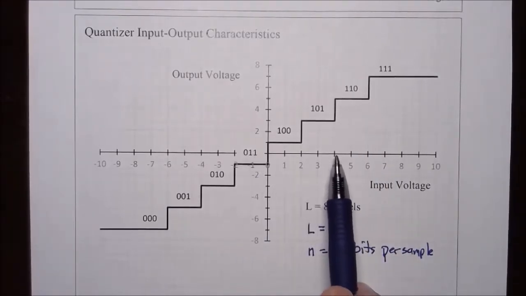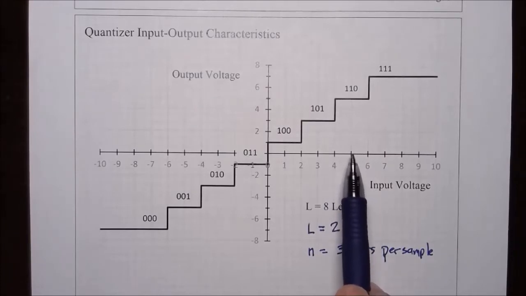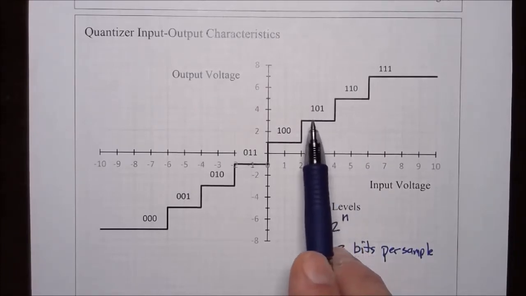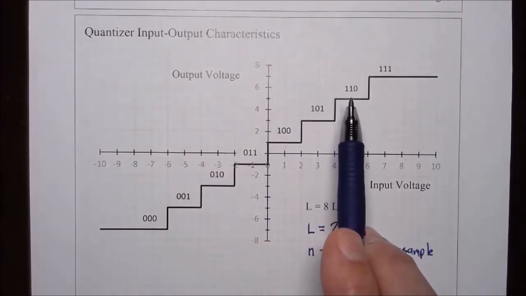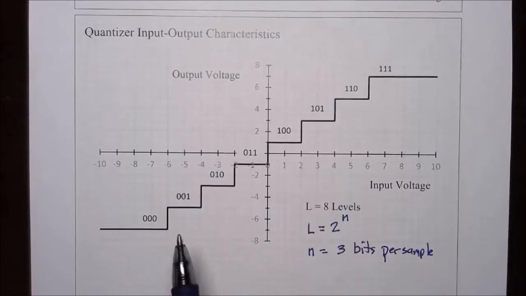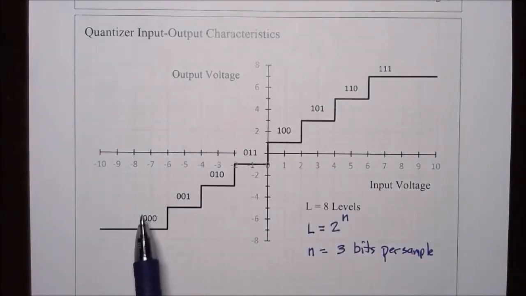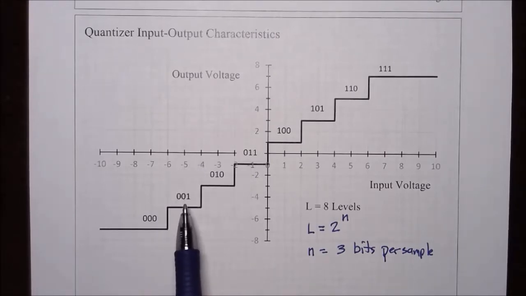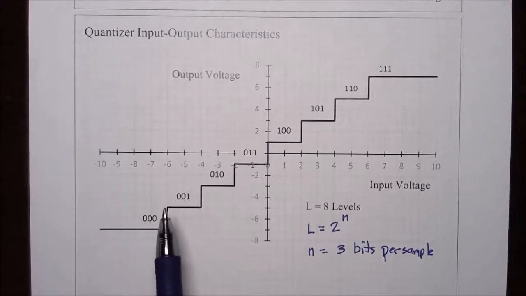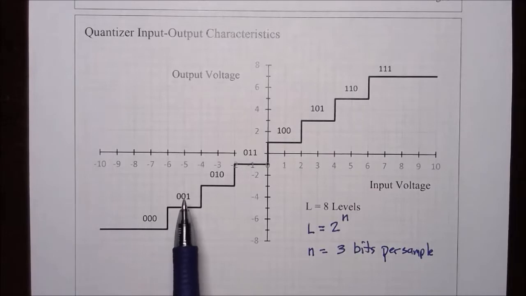If the voltage lies between 4 and 6, it is rounded off to the standard value of 5, and that is the binary value 110. If the voltage lies between -6 and -4, that is rounded off to the standard value of -5, and that is given the 3-bit code 001.